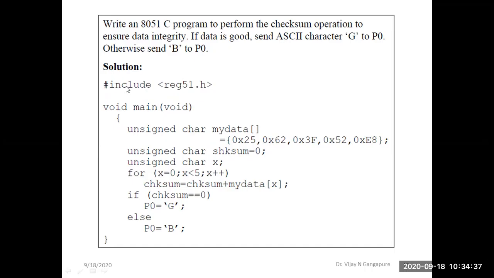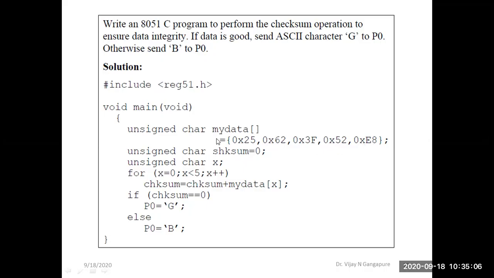So see here, the program includes reg51.h, and this is the main function in your program. First, like the previous program, I am declaring my data as an unsigned char array, in which the first four bytes are the program bytes, that is, data bytes to be written into program ROM. The last byte, the fifth byte, 0xE8, is the checksum byte.